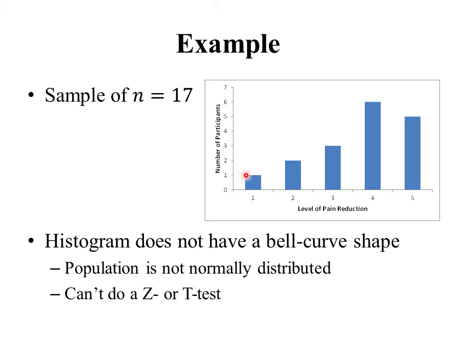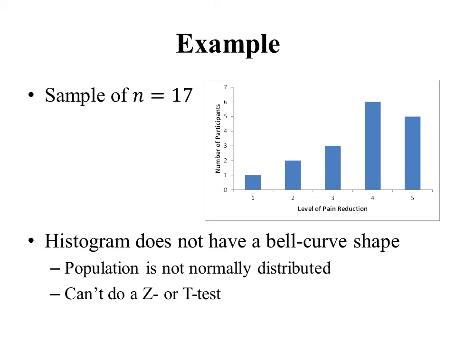Well, this doesn't really have much of a bell curve shape. A bell curve should increase to a max and then decrease down to a low again, but it never really gets low. Because we do not have a bell curve shape, that's an indication that my population is not normally distributed, so I don't meet my requirements for my t-test.